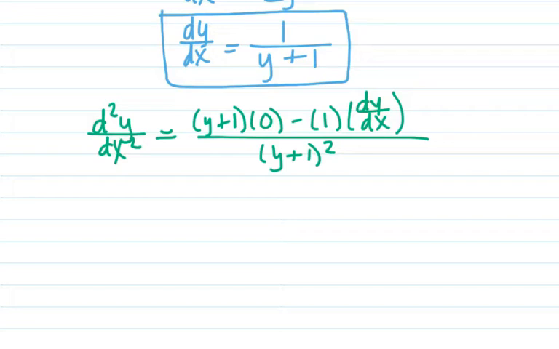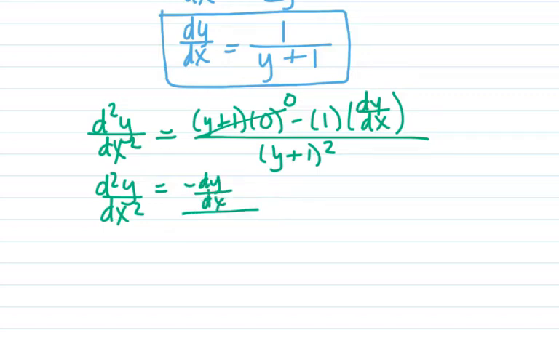So we can simplify what we have so far. All of that cancels out and goes to 0. So we're left with simply negative dy dx over y plus 1 squared, but we want to solve for all derivatives in terms of y and x only.